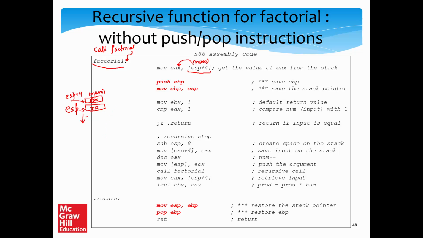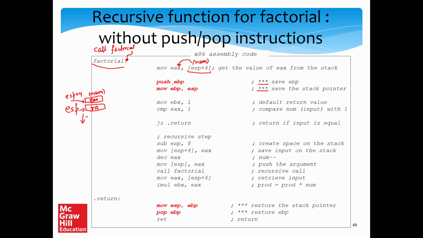So when we reach here, ESP would point to the return address, but ESP plus 4 would point to a location within the caller's activation block, and there we can read the value of num and store it in EAX. Then what we can do, recall the star star star, which are the new instructions.